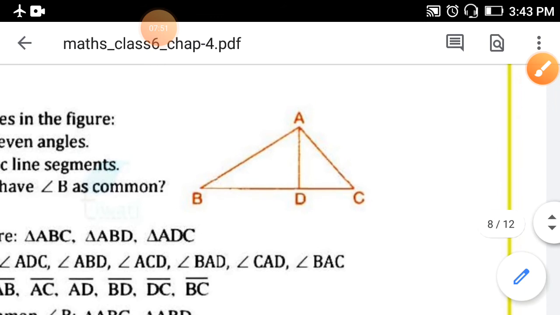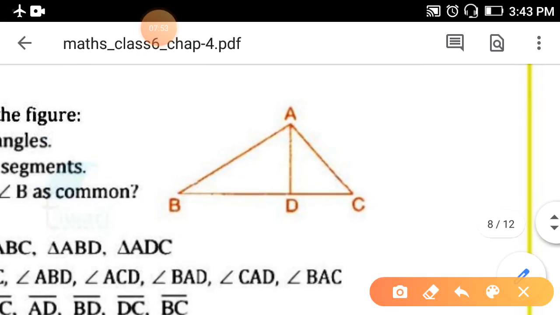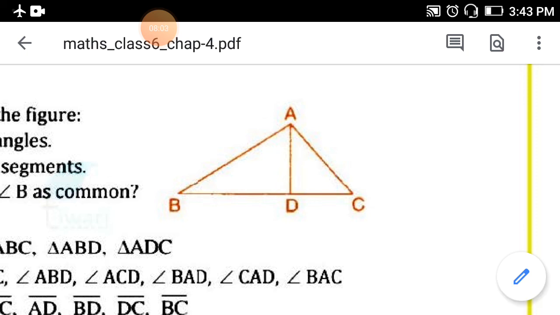So, total 7 angles are there. Let's see. 1, 2, 3, one full angle, 4, 5, 6 and 7.